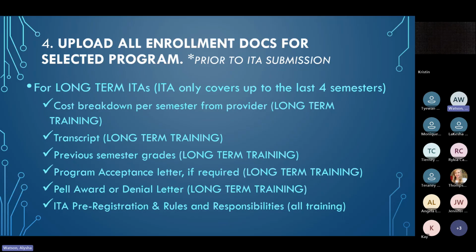We have to have their transcript along with the previous semester grades. If the program gives an acceptance letter, so if they're going into the nursing field, whether LPN or RN, they'll receive an acceptance letter from the school prior to their start. Their Pell information, if it's awarded or denied, we have to have that documentation, and also the ITA pre-registration rules and responsibilities.